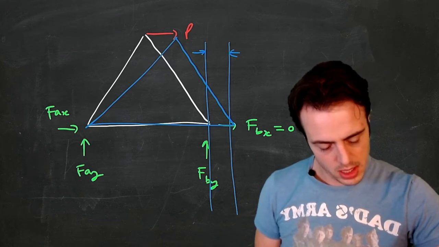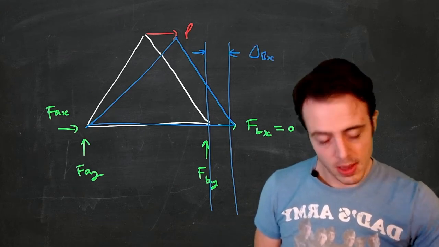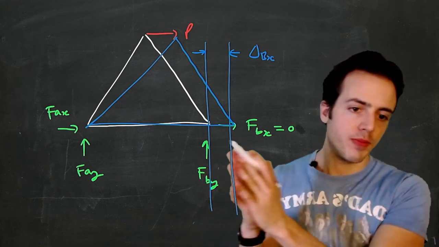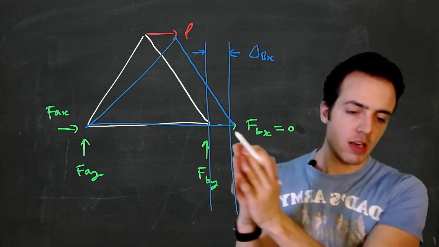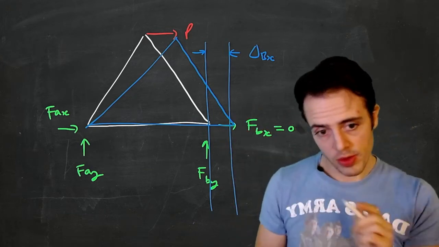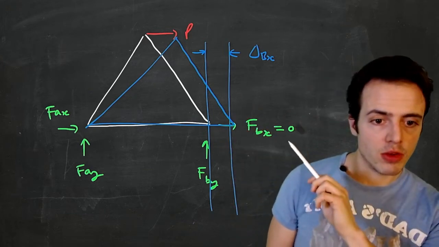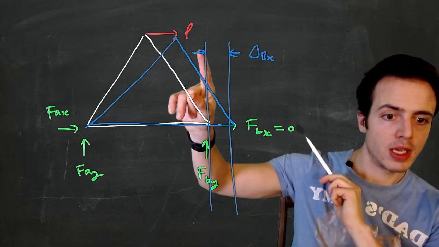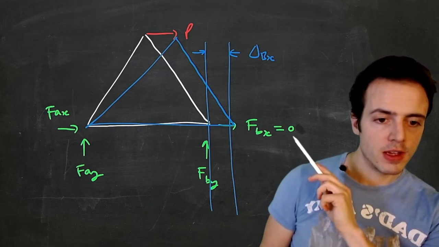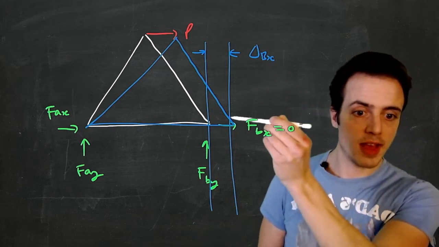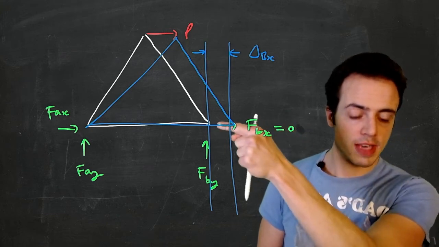This would be delta Bx. So we know that without that reaction there, that's how much the structure is going to move under the applied loading. So it follows that the actual numerical value of Fbx when we've got this loading is just enough that this displacement isn't happening. It only has to be the exact size such that this displacement doesn't happen.